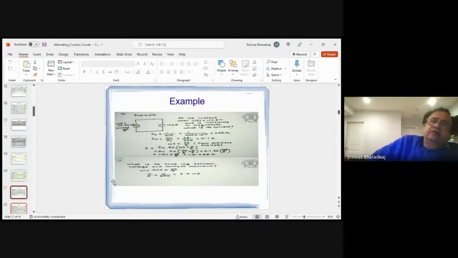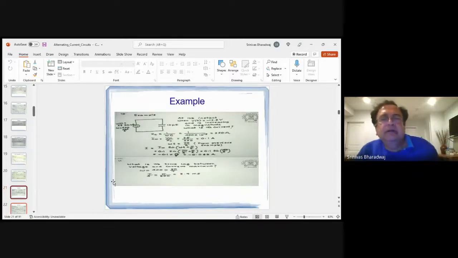So you say 25 sine omega t equals minus 12.5. Then sine omega t equals negative half. So what is the time at which it is negative half, right? If you have a sine curve, at what point is it negative 12.5?